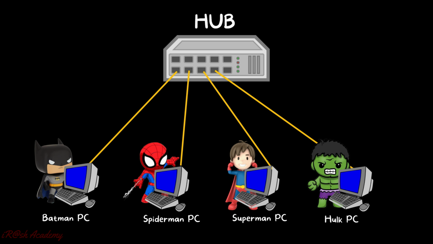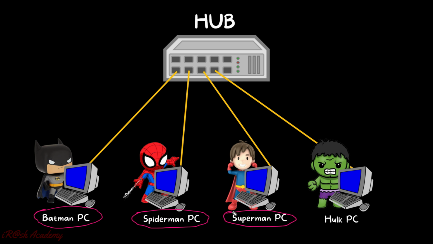So in this condition, what if the Batman PC wants to send some traffic to the Superman PC? How does this scenario happen at the network hub? Let's see. The Batman PC is connected to interface number 1. The Spider-Man PC is connected to interface number 2.